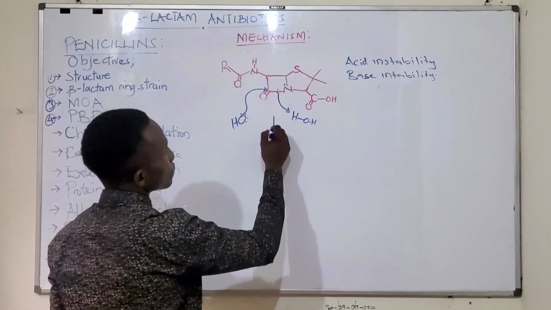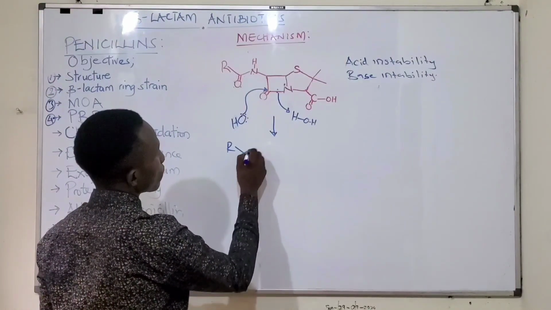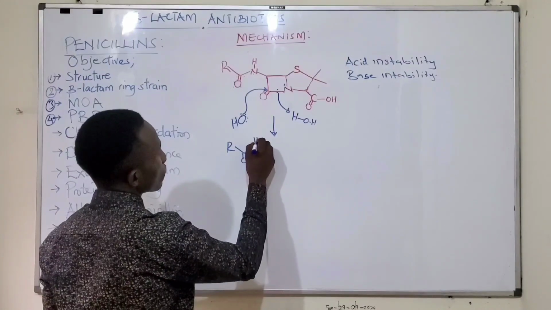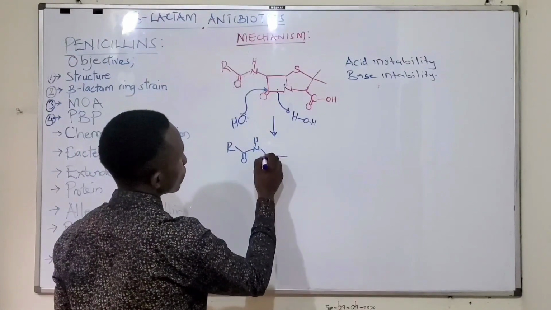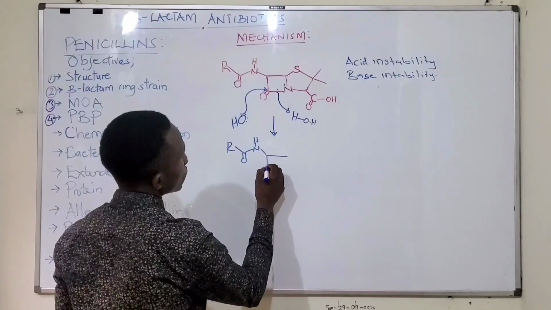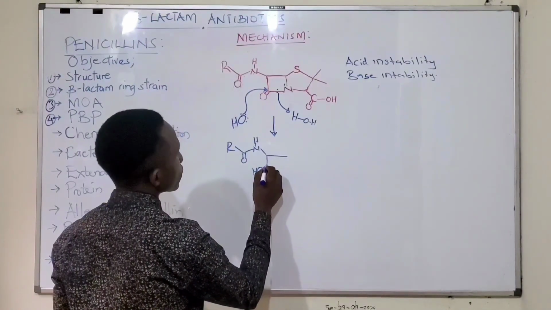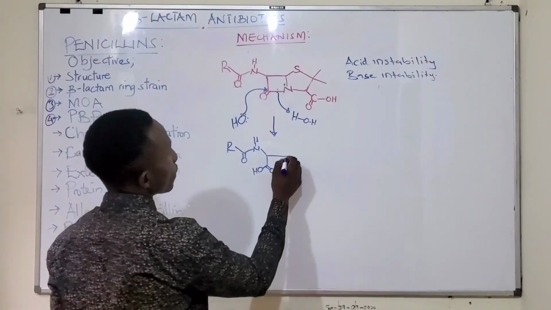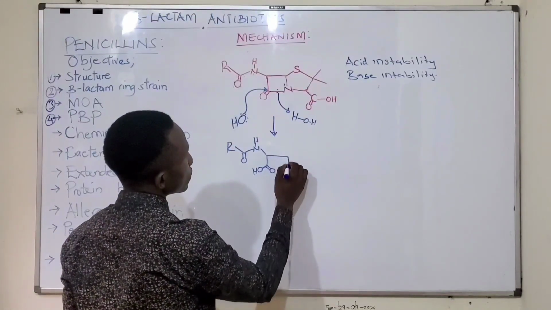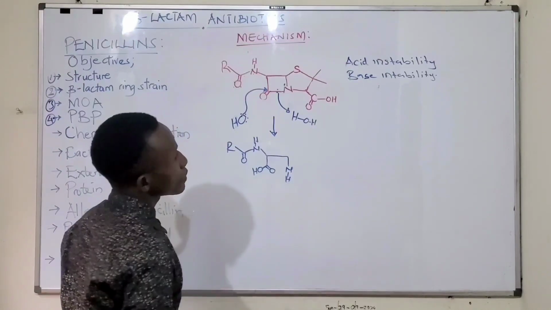So we shall have R. Now here we shall have the OH bonded to this carbon here. The ring has broken, so we shall have N with hydrogen.